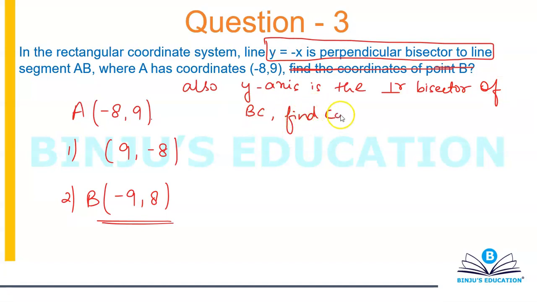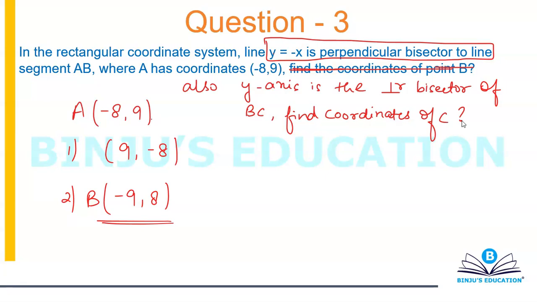Find coordinates of C. In a rectangular coordinate system, line y is equal to minus x is the perpendicular bisector to line segment AB, where A has coordinates minus 8 comma 9. Also, y-axis is the perpendicular bisector of BC. Find the coordinates of C.